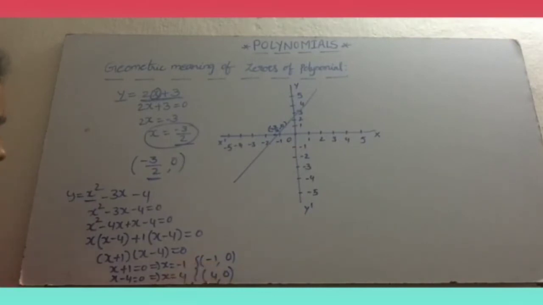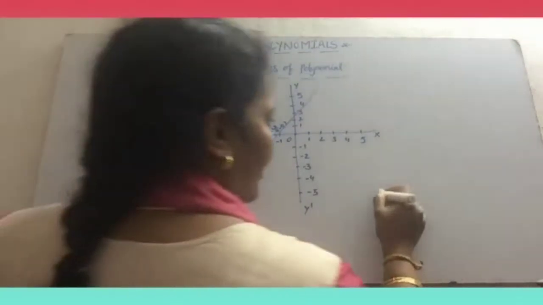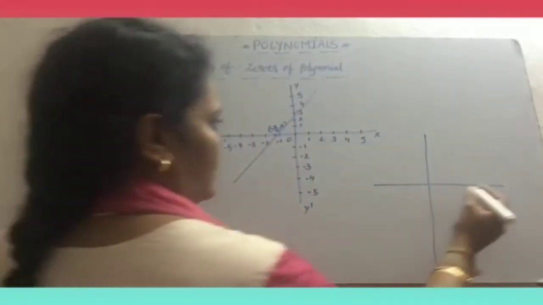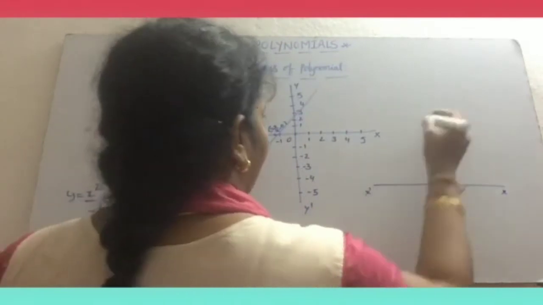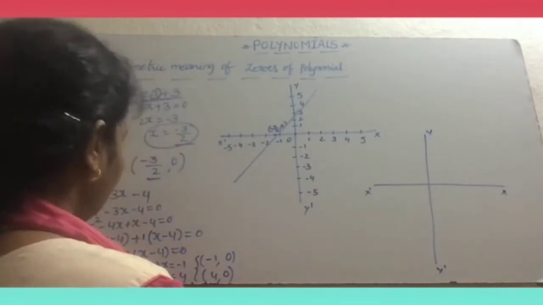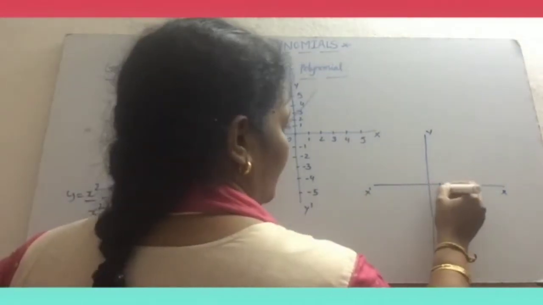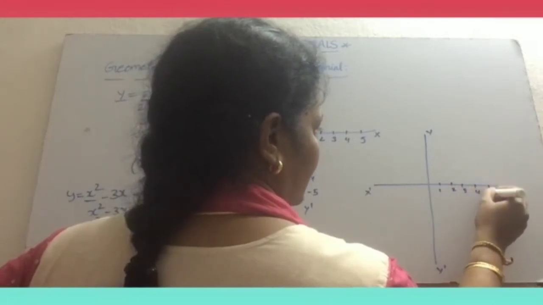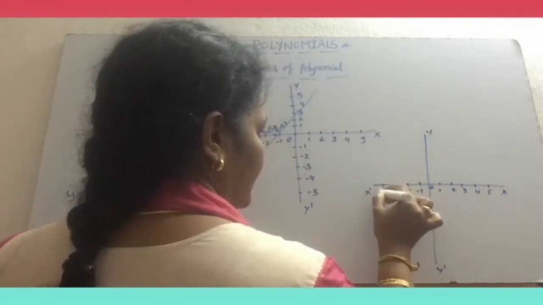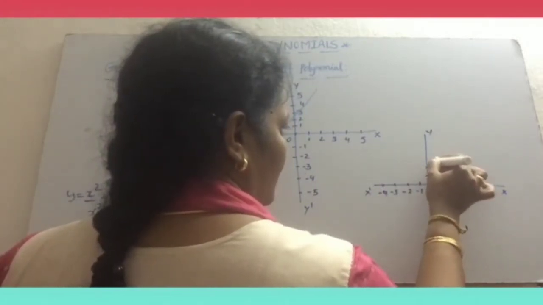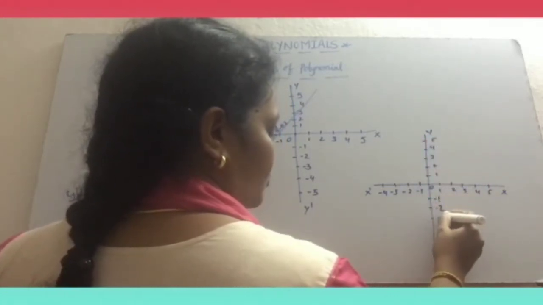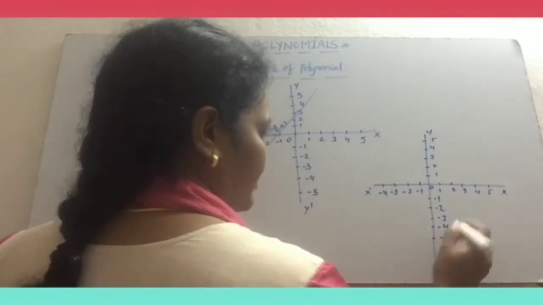We will draw the graph of this quadratic polynomial also. So x dash and y dash. 1, 2, 3, 4, 5, minus 1, minus 2, minus 3, minus 4, 1, 2, 3, 4, 5, and minus 1, minus 2, minus 3, minus 4, minus 5.